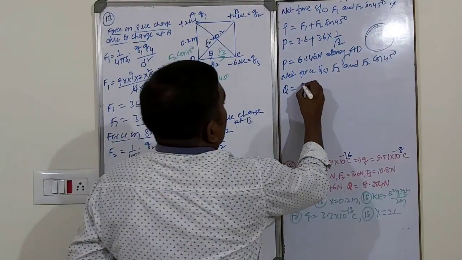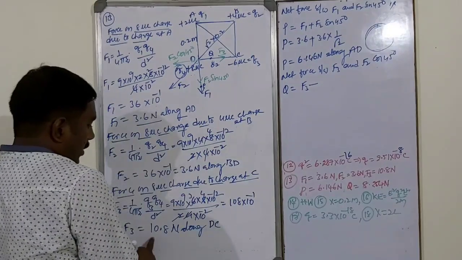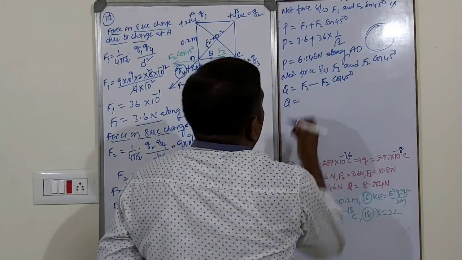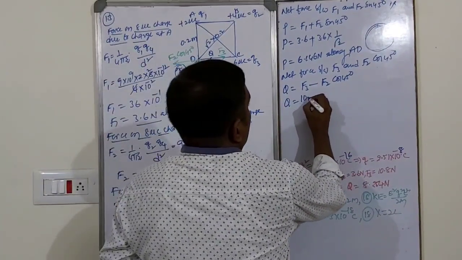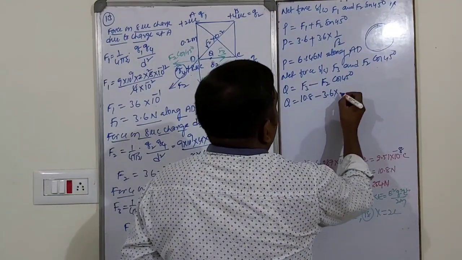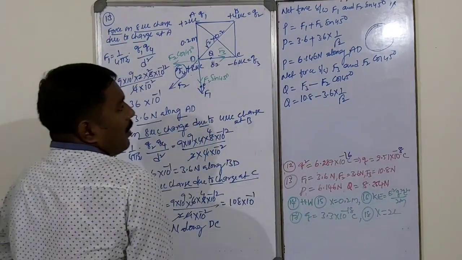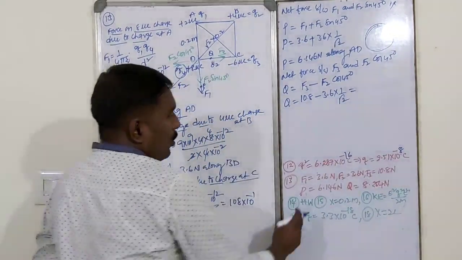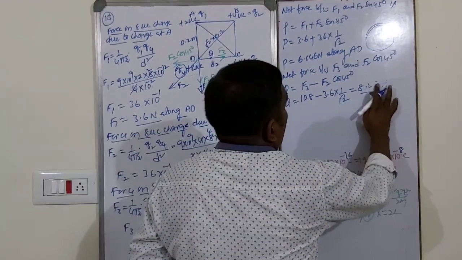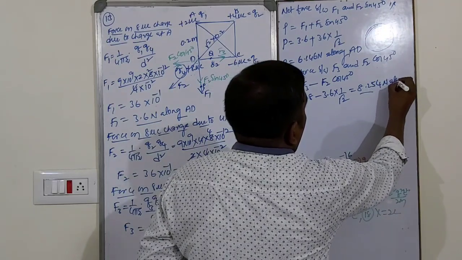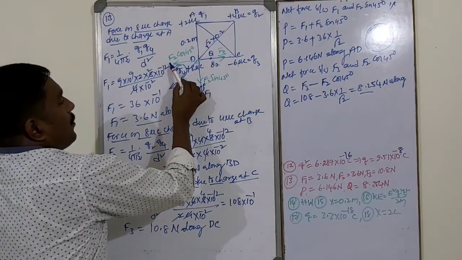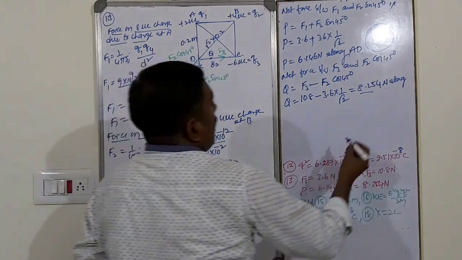So F3 being larger, Q is 10.8 minus F2 cos 45 degrees. F2 is 3.6 into cos 45, which is 1/√2. Simplifying, Q comes to 8.254 Newtons, in the direction of F3, along DC.